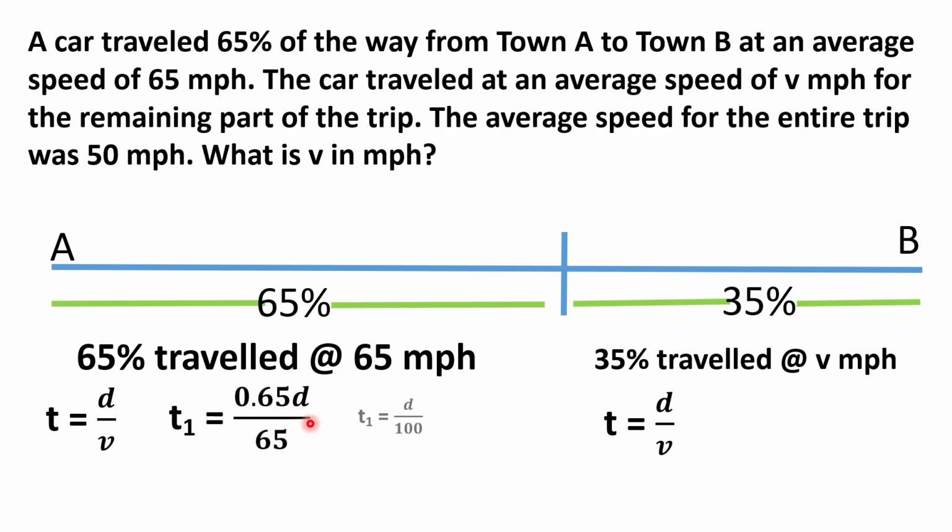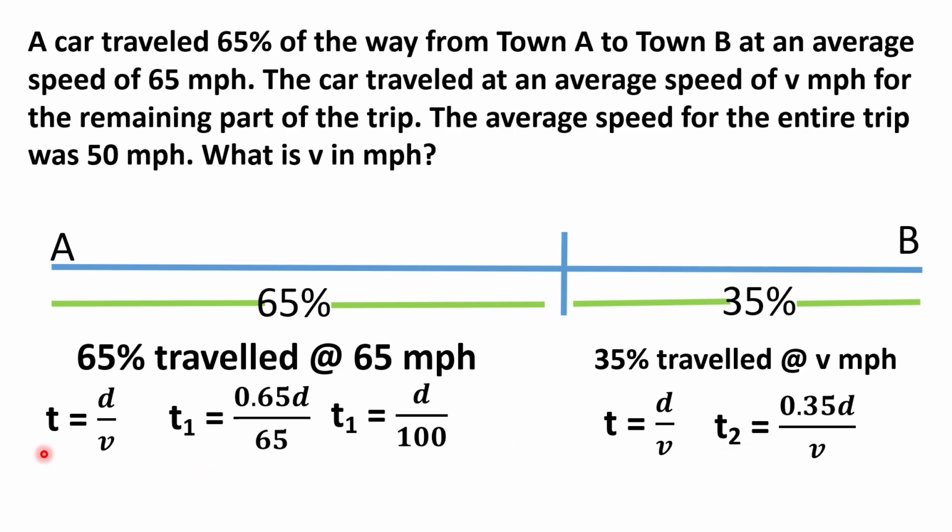This becomes d divided by 100, because when you eliminate the decimal point you write 100 in the denominator, and then this 65 cancels the other 65. Finally we have d divided by 100. So time 1 equals d divided by 100. And for the other portion, because this is 35% of the distance, we can write 0.35 d divided by v, and this is time 2.